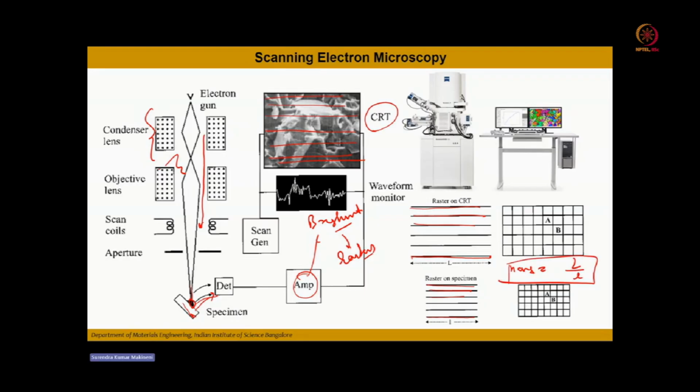For example, if you have 10 microns by 10 microns on the sample, and the corresponding spot rastering on the CRT is around 100 mm by 100 mm, then you have a magnification of 10,000x. So this is the scanning or rastering of the beam along the sample surface.